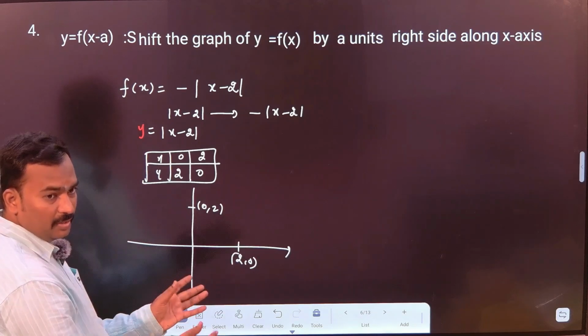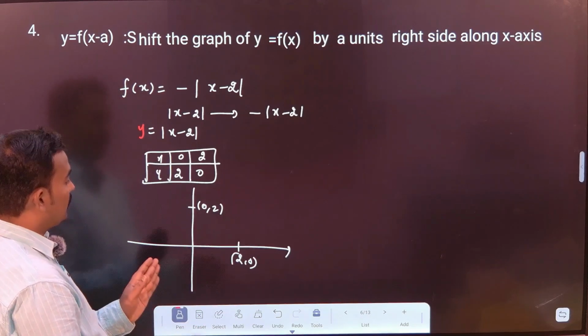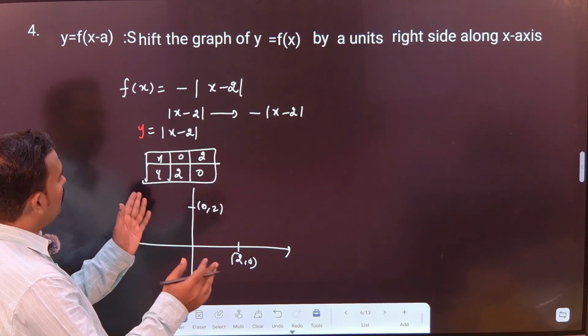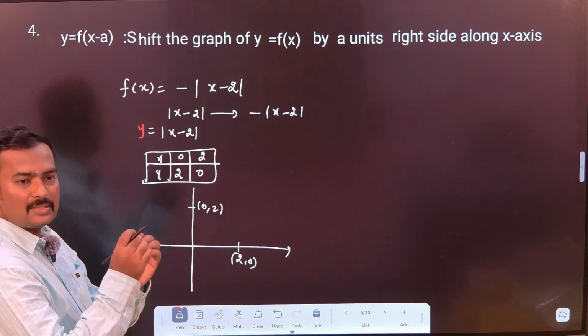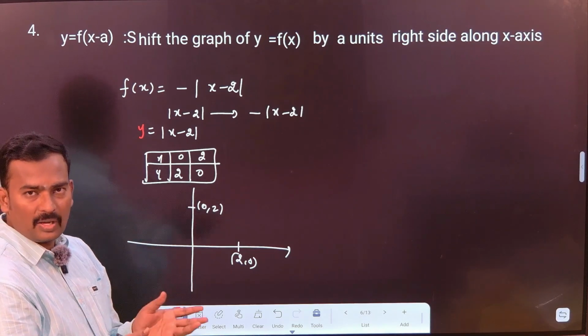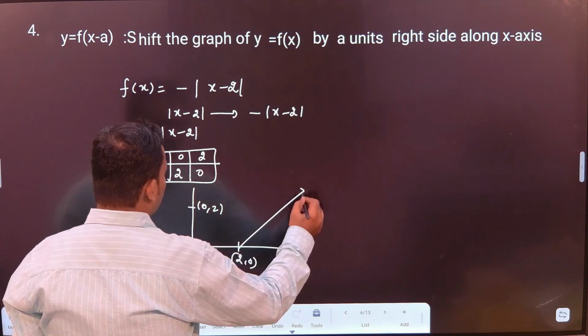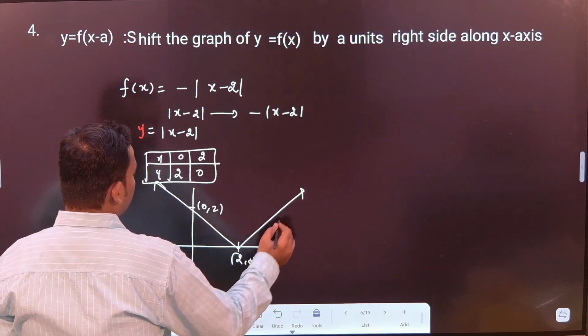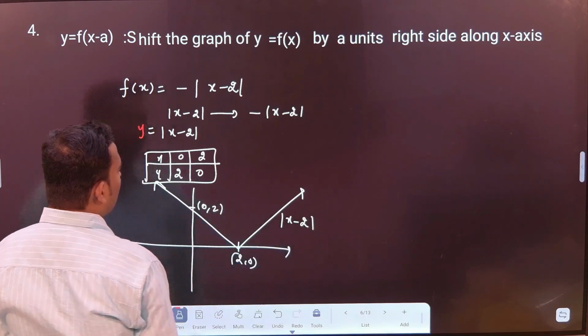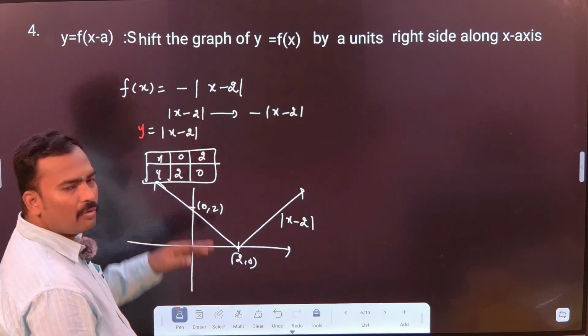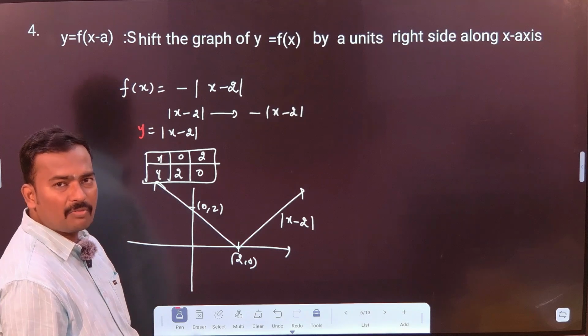If you feel difficult, you can do like this. And without this also we can do, you can see the reference graph is what? Mod x, and shift 2 units right. This is your mod x minus 2 graph. And then you can see this is your f of x and it changes to minus f of x.